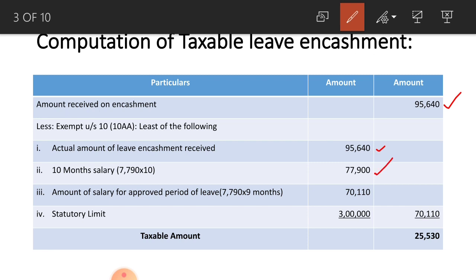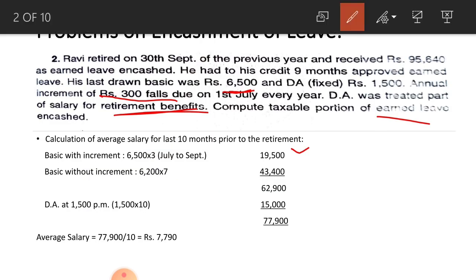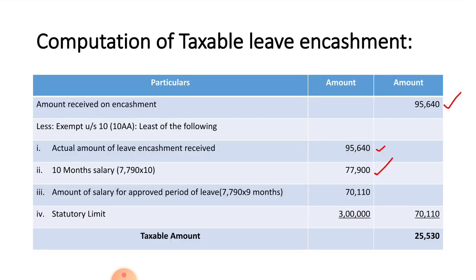This amount you already calculated. Next one, amount of salary for the approved period of leave: 7,790 into the leave at his credit, which is 9 months, that you have to consider. The approved period of leave is 9 months.